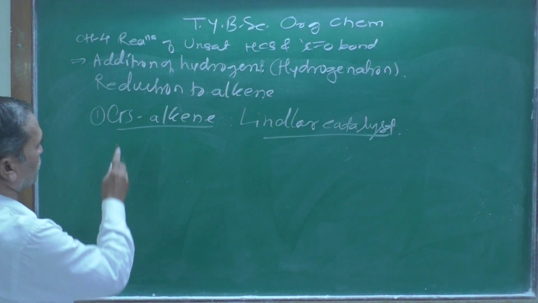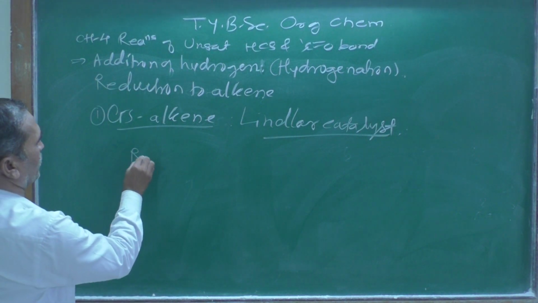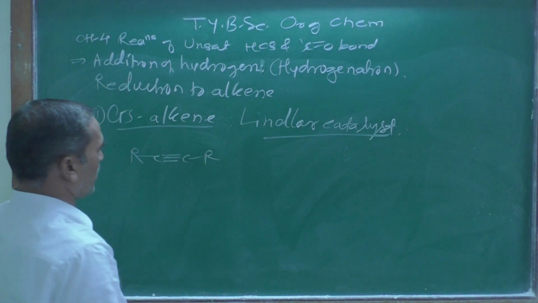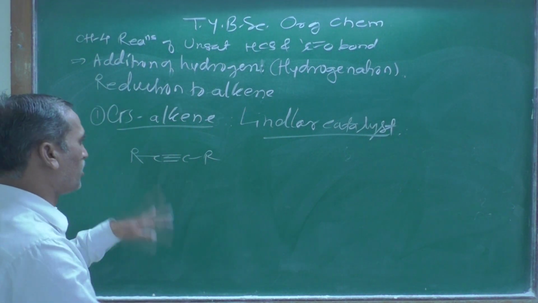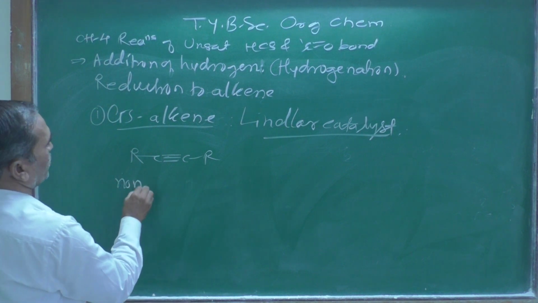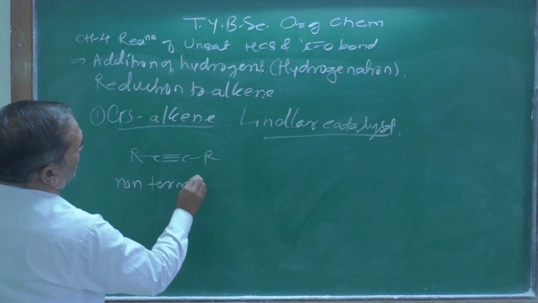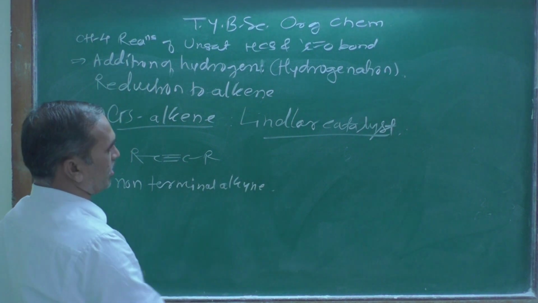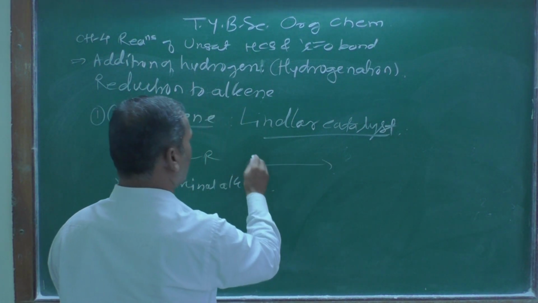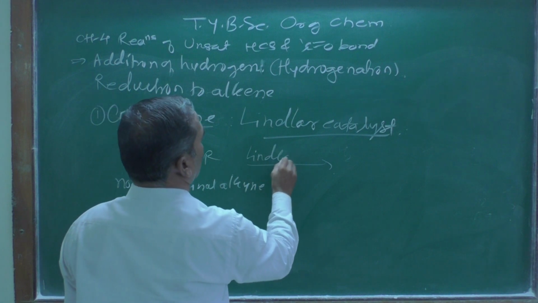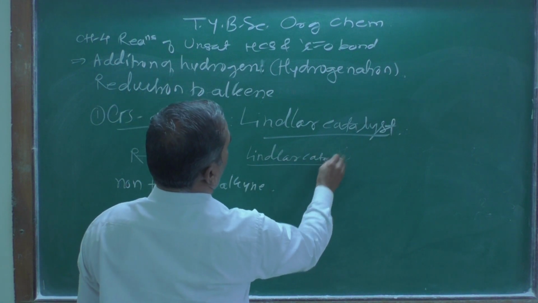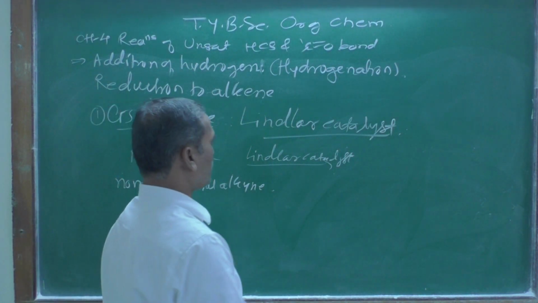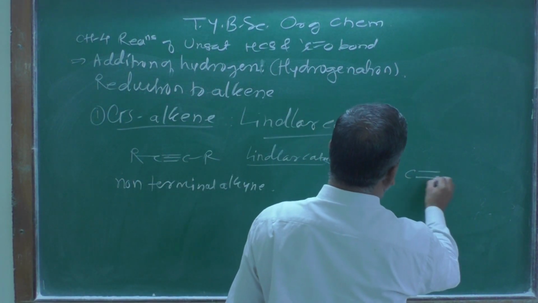Suppose you have the general formula R triple bond C R. Here I am taking a non-terminal alkyne. If you treat it with Lindlar catalyst, the speciality of this Lindlar catalyst is that it produces the cis alkene like this.